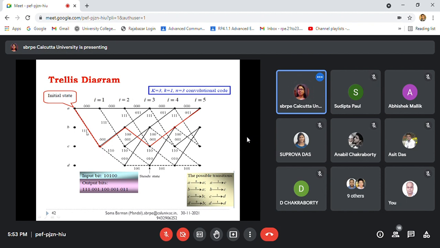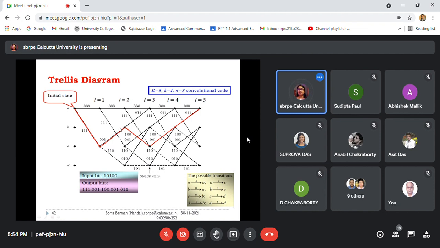Similarly for C, in the next state, for the 1-bit transition it goes to D, and for the 0-bit transition it goes to B.